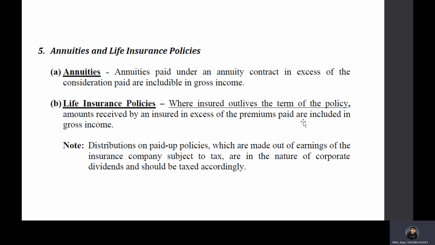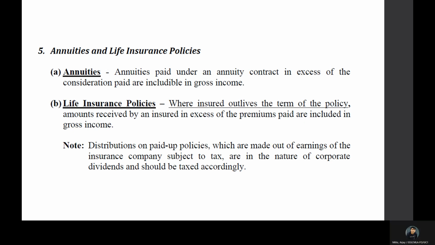So technically, since lumaki yung value nung premium na binabayad mo, yun yung magpo-form part as your additional gross income. So meron din yung mga distributions on paid-up policies which are made out of earnings of the insurance company, subject to tax, are in the nature of corporate dividends and should be taxed accordingly. So if dividend siya, of course, passive income yun.